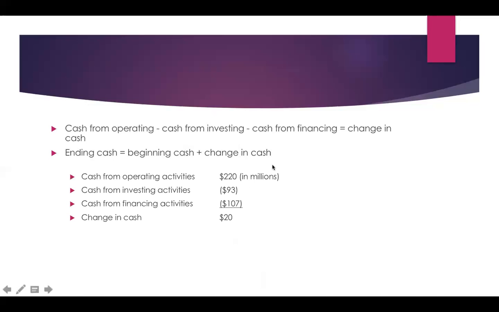Alrighty. So the things that we do know from the problem, we do know that the cash from operating activities was $220 million. We also know that the cash from investing activities was $93 million. We know that the cash from financing activities was $107 million, which gives us a change in cash of $20 million.